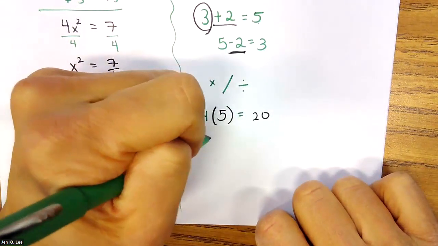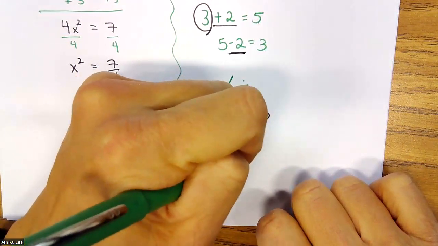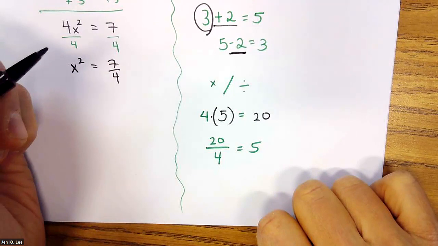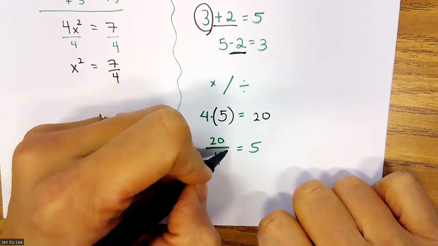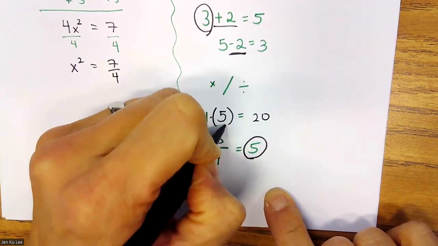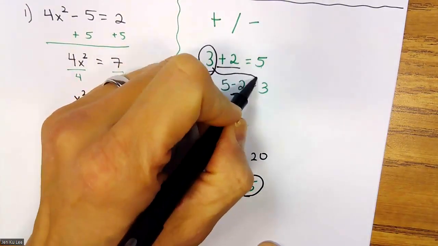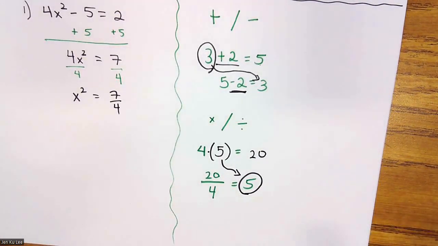So if I go with 20 divided by 4, that becomes 5. Okay? So 4 times 5 equals 20. 20 divided by 4 gets me 5. So where I started, I basically ended up. Okay? That's what inverse means. How do I get back to my original spot? Basically. Right?